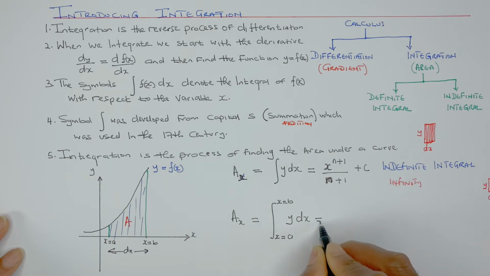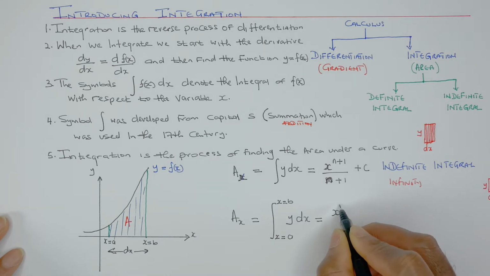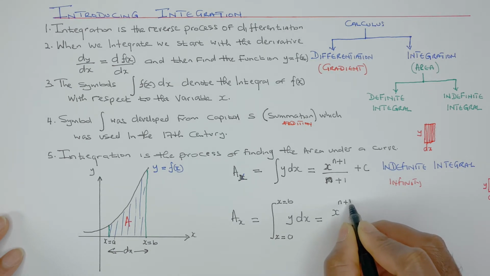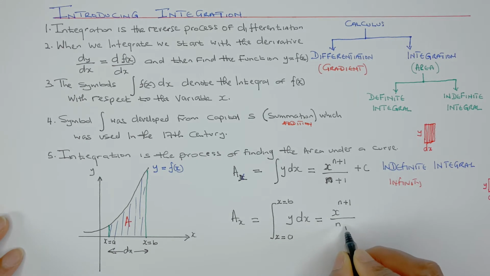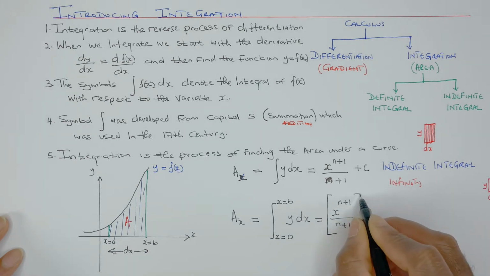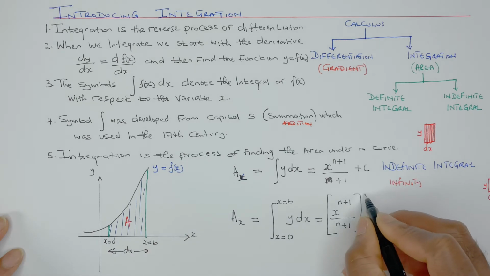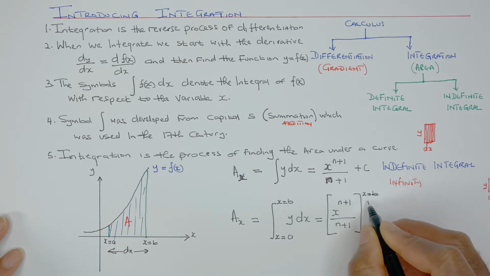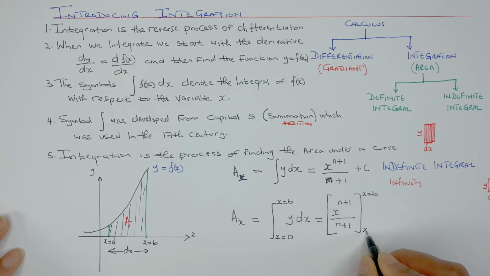And that is x to the power of n plus 1 over n plus 1 in square brackets. Then we say x equals b, the upper boundary, and x equals a, the lower boundary.